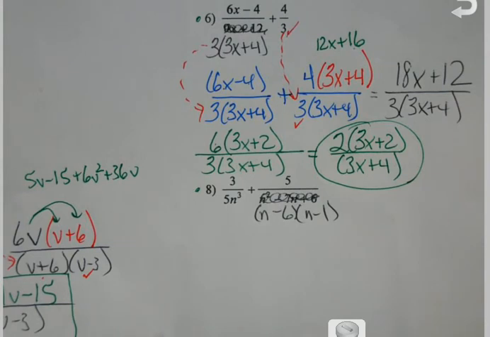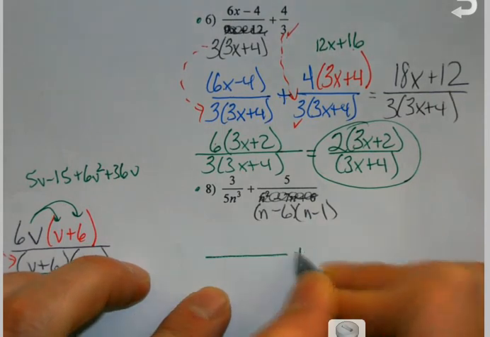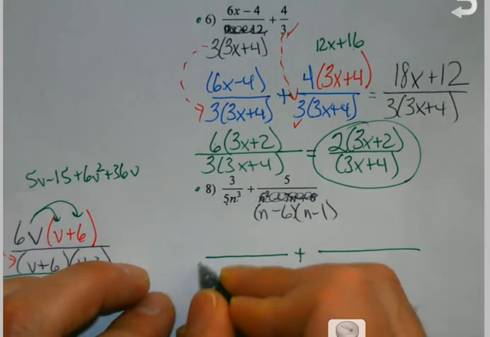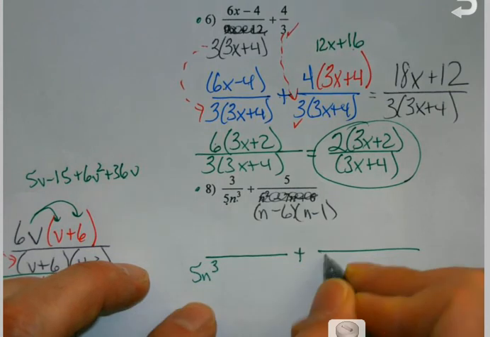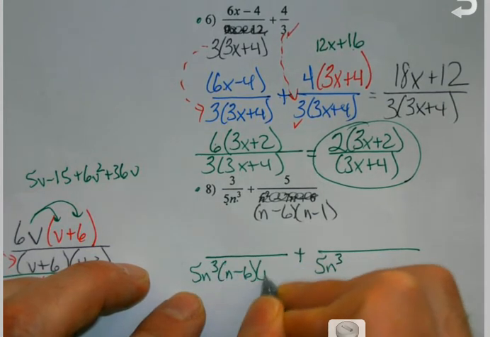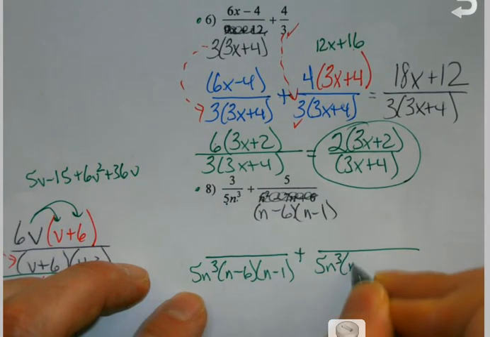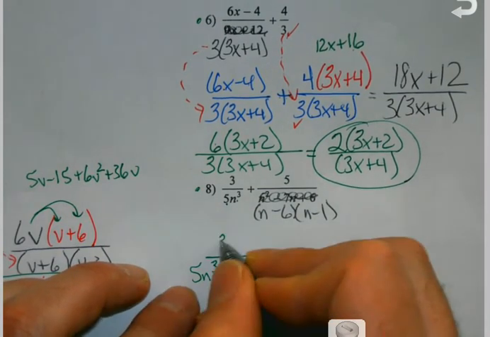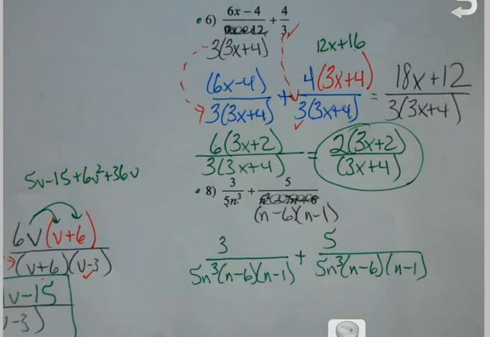LCD, going to be a little larger this time, because I have a coefficient, I have some single variable terms. And I'm going to do something a little sneaky here.